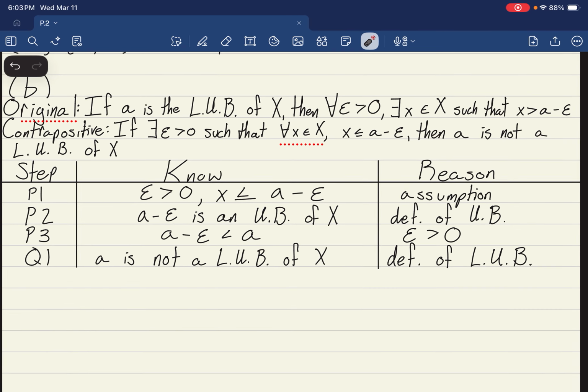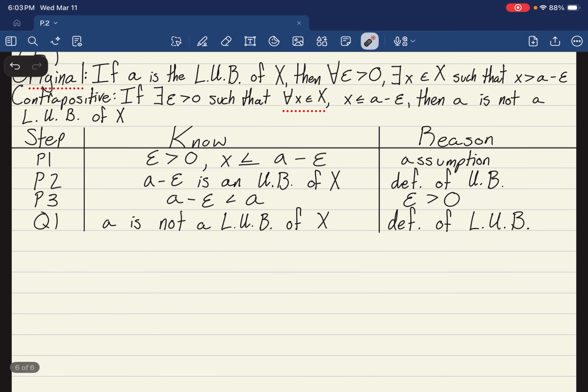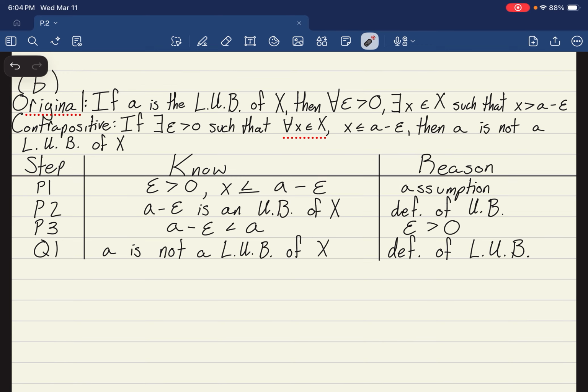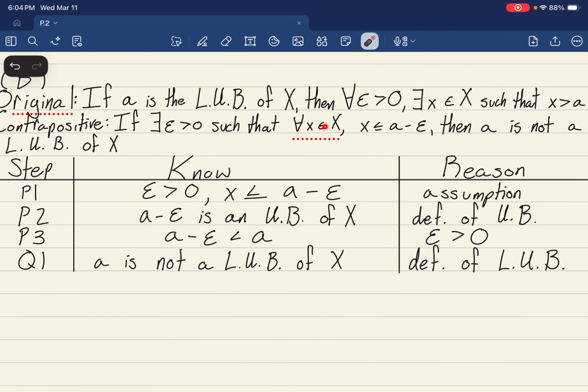And to begin this proof, we want to start with our assumptions. We know that epsilon is greater than 0. We were told that. And we know that x is less than or equal to a minus epsilon because we were told that as well. And so since we know that for all x within our set, x is going to be less than or equal to a minus epsilon, we can say that a minus epsilon is an upper bound for our set X. And this just comes straight from the definition of upper bound.